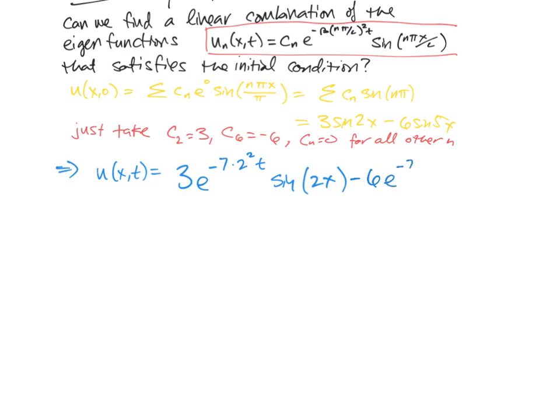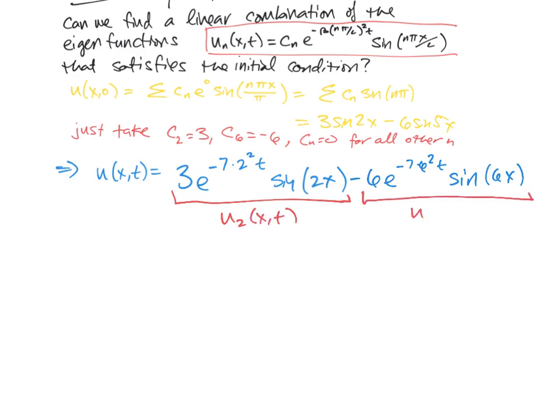Now in this case we have n equals 5, so times 5 squared, t, sine of 5x. So this is u_2 of x, t, and this is u_5 of x, t. And so this is actually our answer. This is the solution that we were looking for.